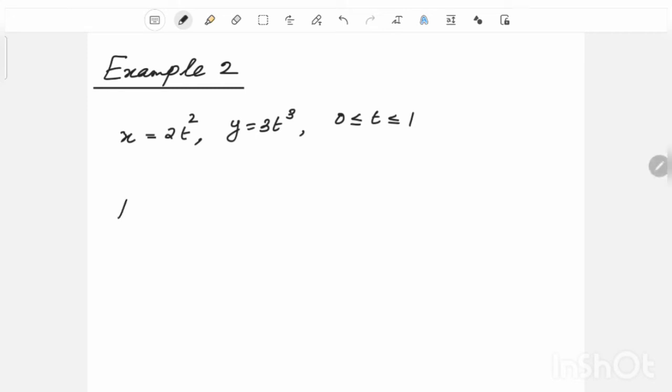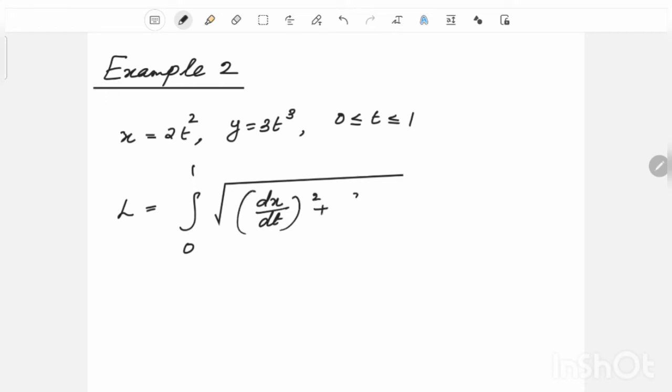So L is equal to the integral from 0 to 1 of the root of (dx by dt) the whole square plus (dy by dt) the whole square, dt. Now we can find dx by dt and dy by dt.